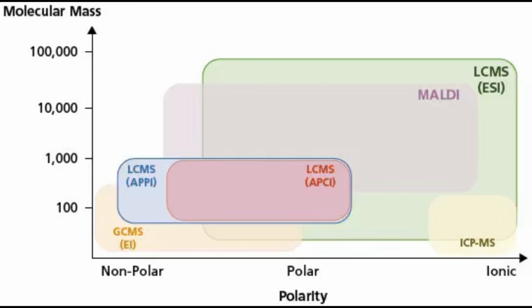Unlike GCMS, one of the key advantages of LCMS is its broad applicability to a wide range of compounds. Once your sample is dissolved in the mobile phase, LCMS can analyze even the least volatile or thermally unstable compounds that you could never analyze using GCMS.